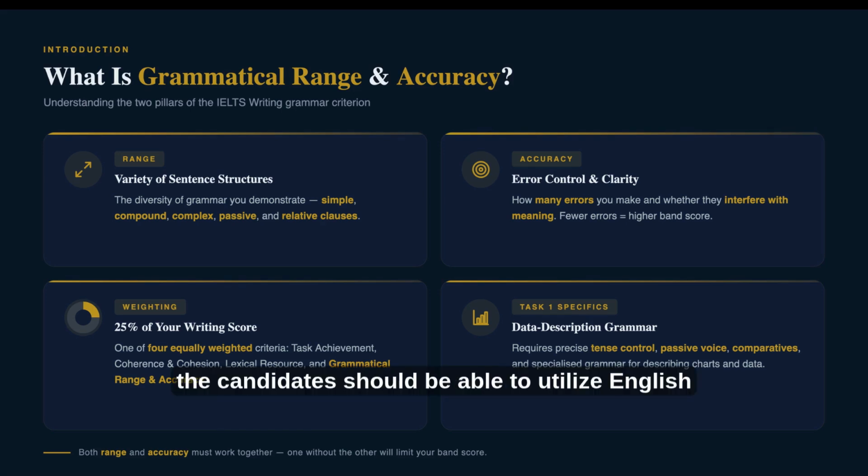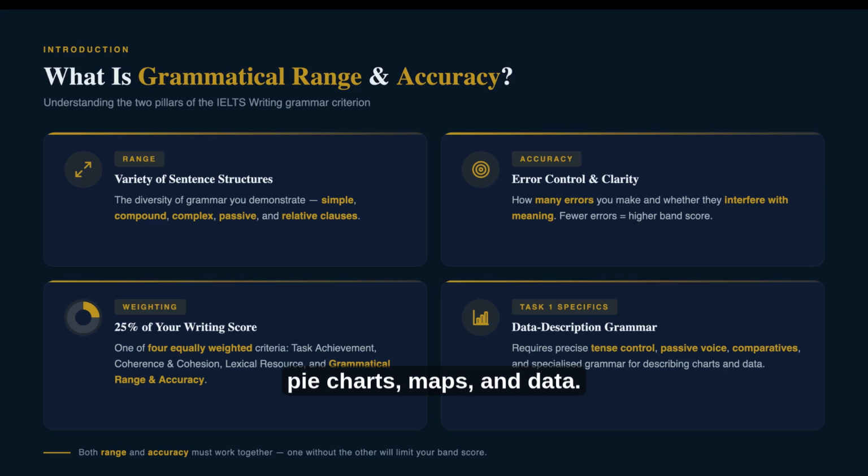In this case, the candidate should be able to utilize English grammar tenses correctly and accurately, say using passive voice or active voice, comparatives, and specialized grammar for describing charts, tables, pie charts, maps, and data. So range and accuracy must work together. One without the other will limit your band score, or in other words, lower your band score.